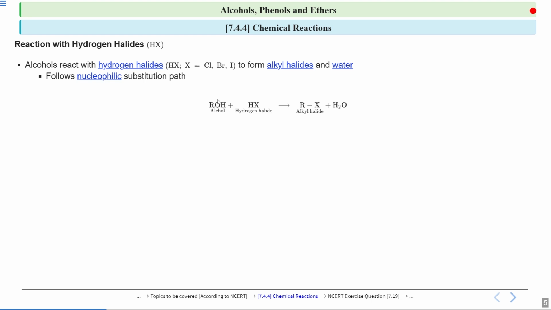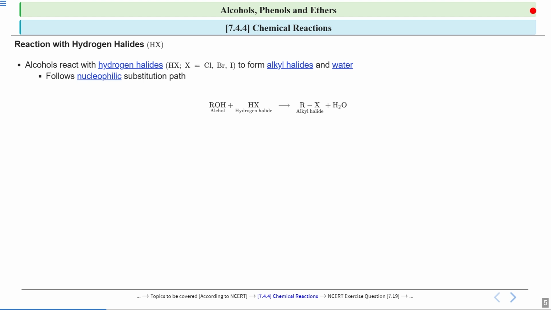Whenever we have to make alcohol an electrophile, we first protonate the alcohol. When we protonate the alcohol, the OH2 group will leave and a carbocation will be formed.